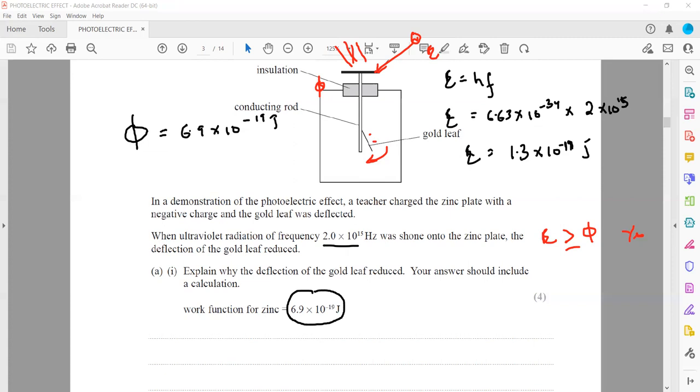This is minus 18. When we multiply, it will not be minus 19, it is minus 18. Now when we compare the energy of the incident photon with the work function, the minimum energy needed to remove an electron, the energy of the incident photon is more and the work function is less. So yes, there will be a photoelectric effect.